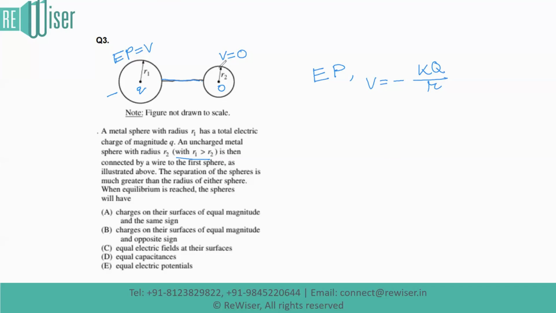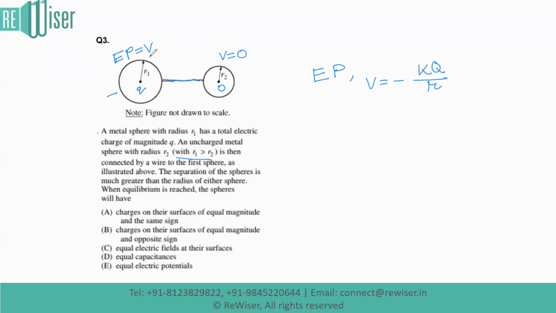Now, since this sphere has a charge of Q and R is equal to the radius R1, we don't have to be concerned about the radius. Since it has some charge, it will have some higher potential.